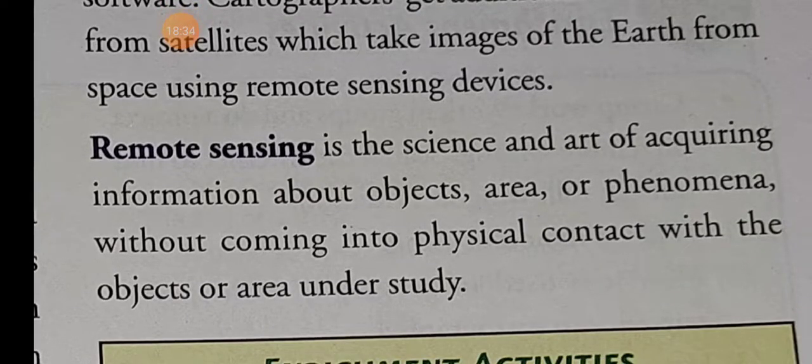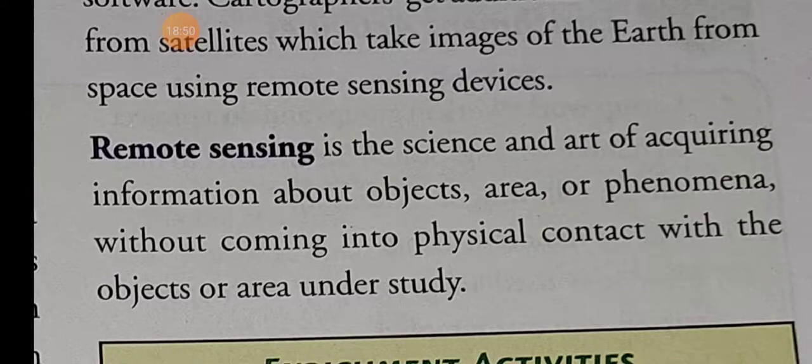Remote sensing is the science and art of acquiring information about an object, area or phenomenon without coming into physical contact with the object or area under study. Okay, so what is remote sensing?